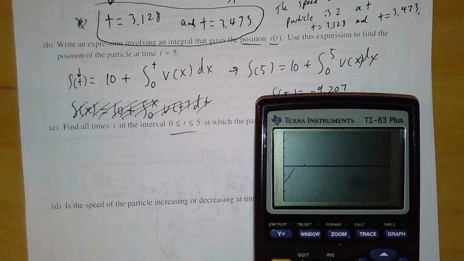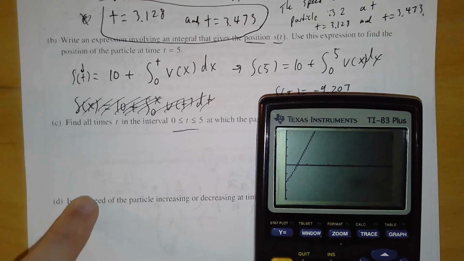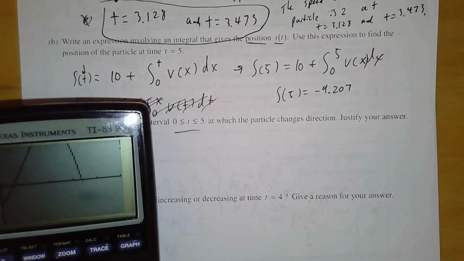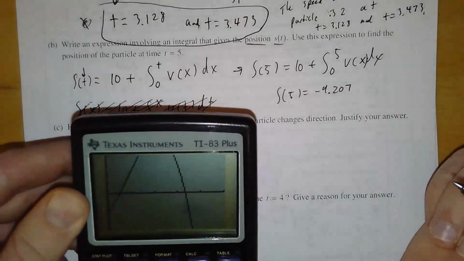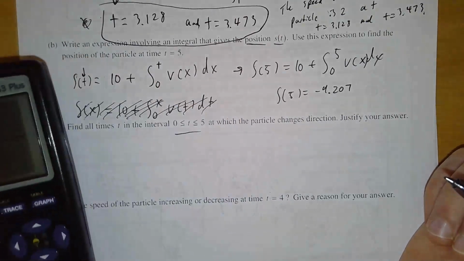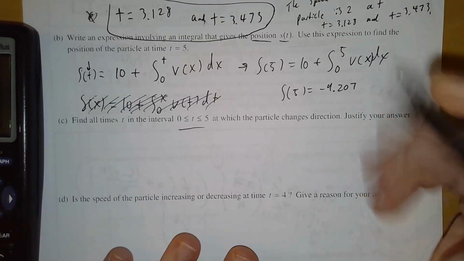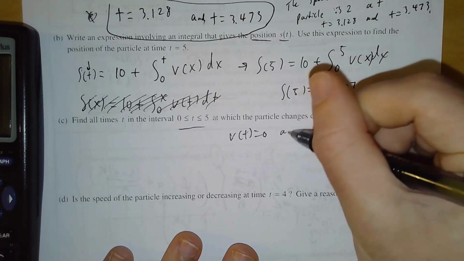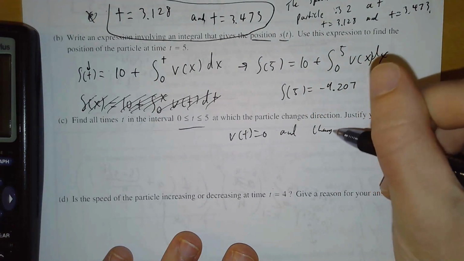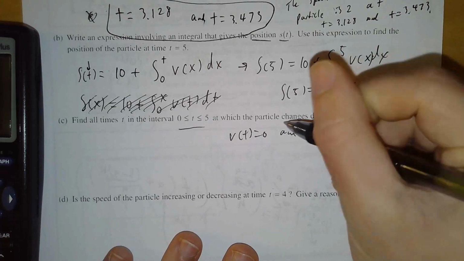Now let's graph it. So when it changes directions, again, you just need to know this. This is for the table. Changes directions happen when it equals 0, right? So I'm looking for where v of t equals 0 and changes signs. That's when it changes directions.